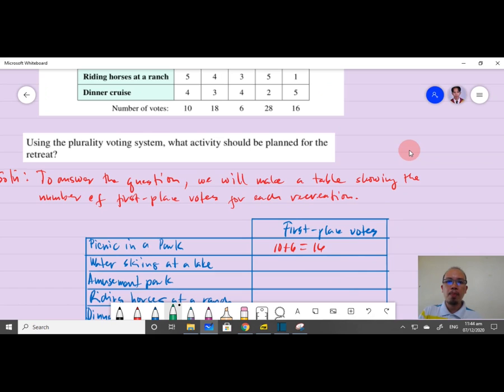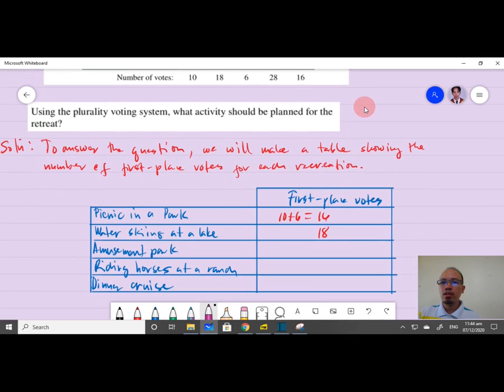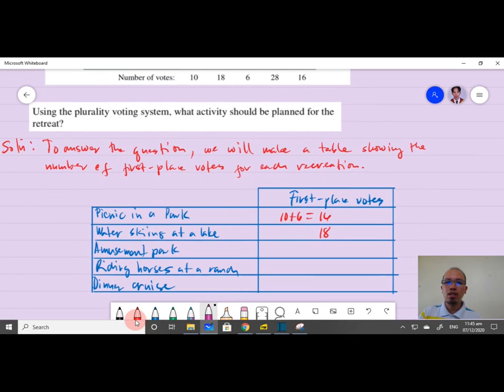And how about the amusement park? There is a 1 here, so we have 28. Let's put 28 here.